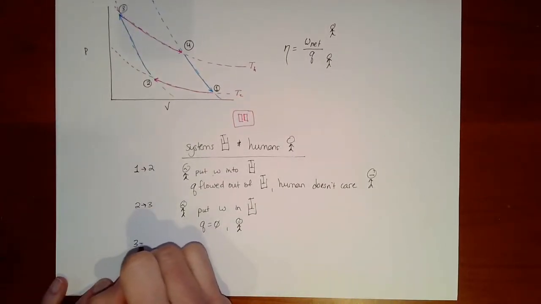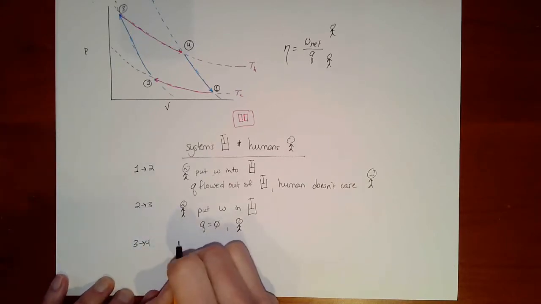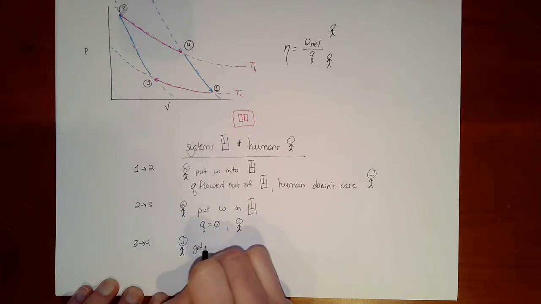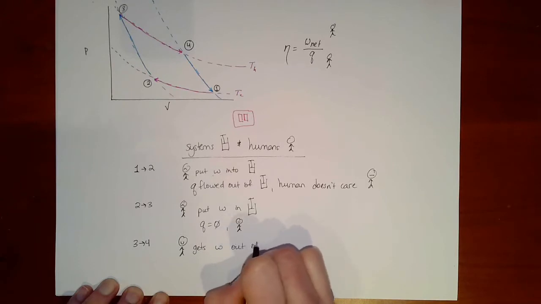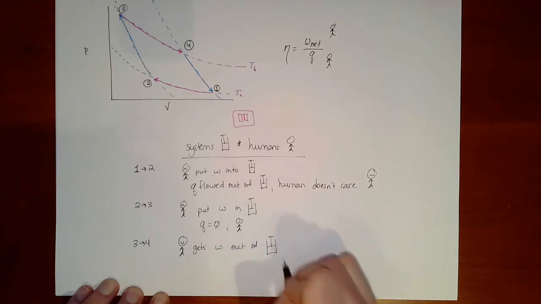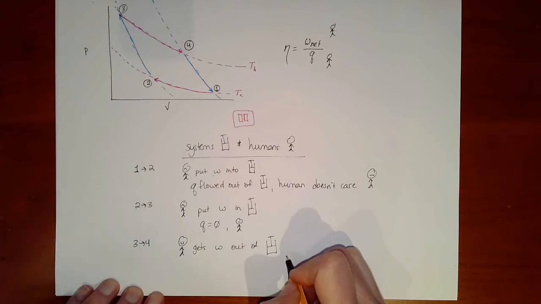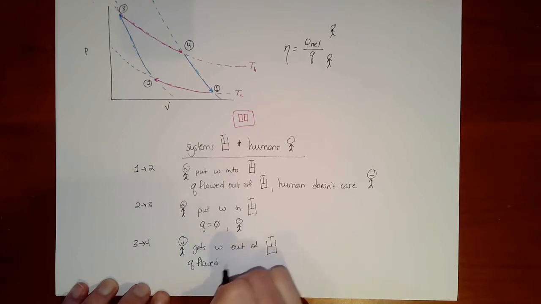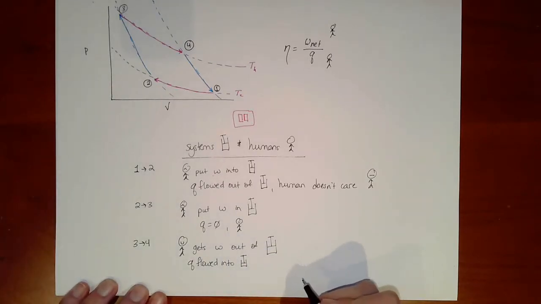For 3 to 4, the isothermal expansion, this is the step that the human finally gets work out. But for this step, they also had to put heat into the system. So if he was driving a steam engine in the Industrial Revolution, that means the human is shoveling coal or doing something of that nature.